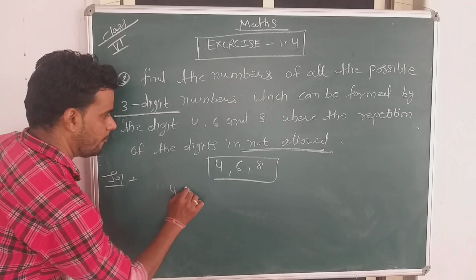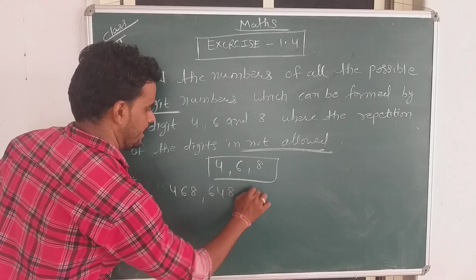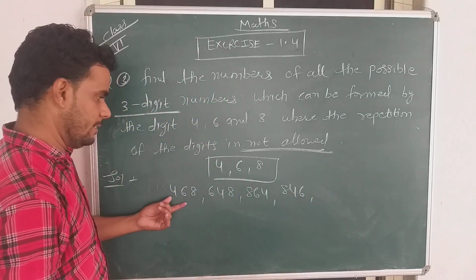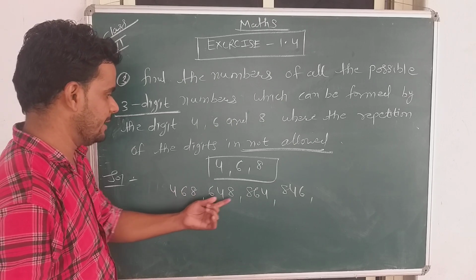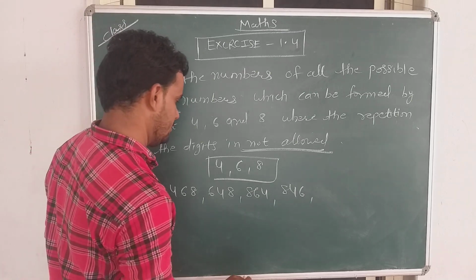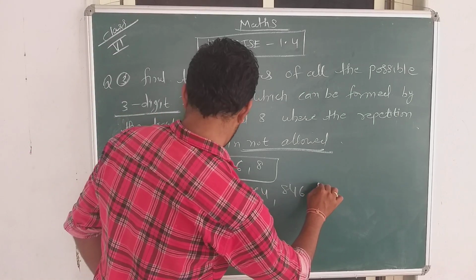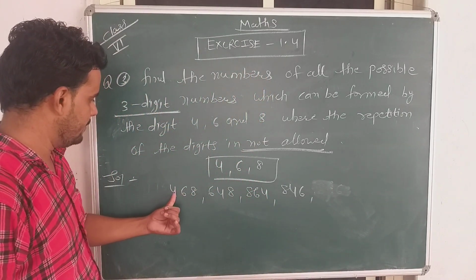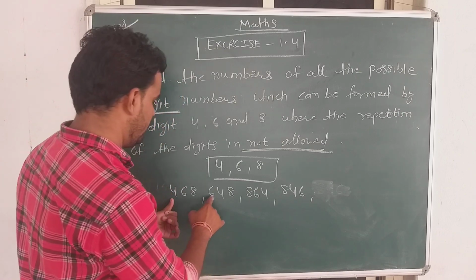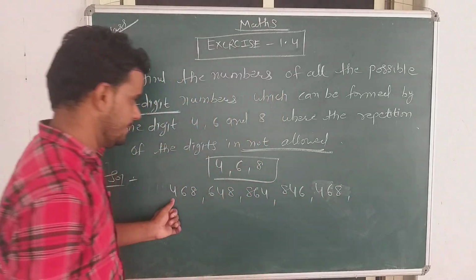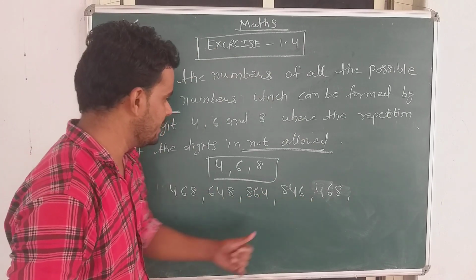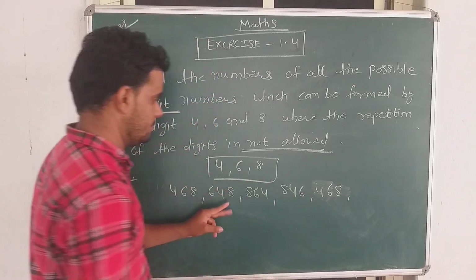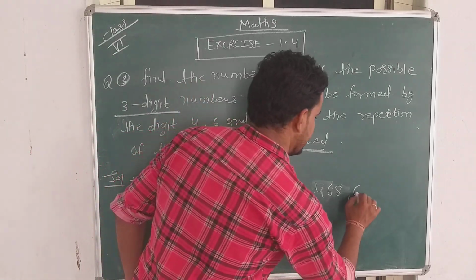So our numbers are: first number 468, afterwards 648, 864, 846, 684.